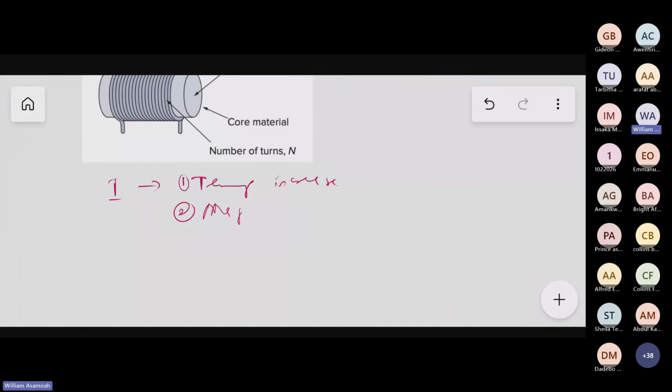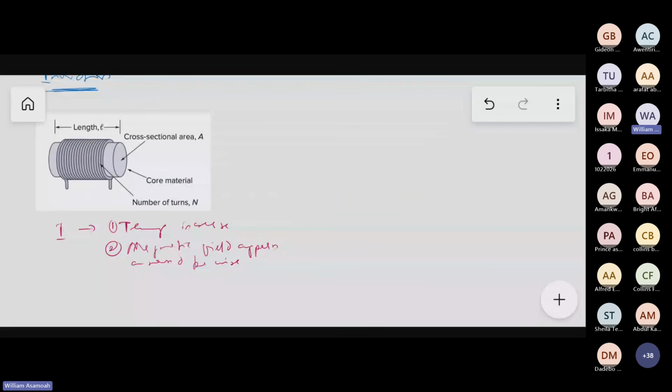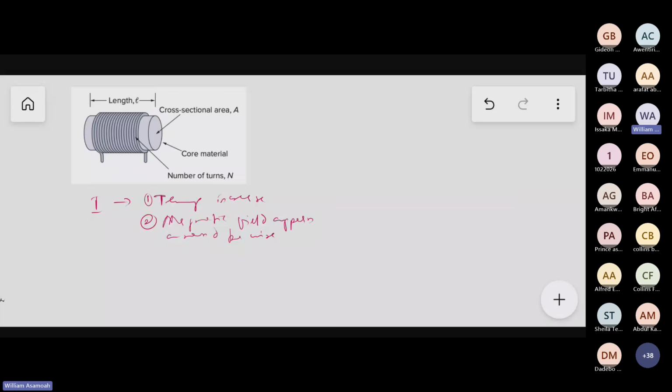A magnetic field appears around the wire. Do you remember? Or have you forgotten? Great. Excellent.